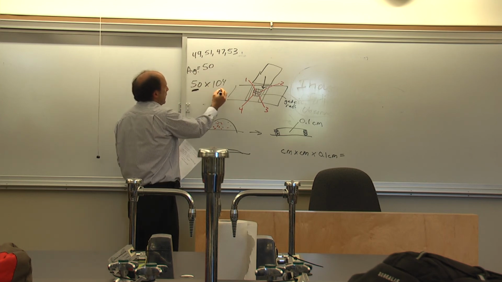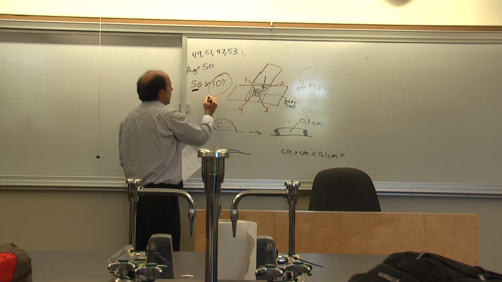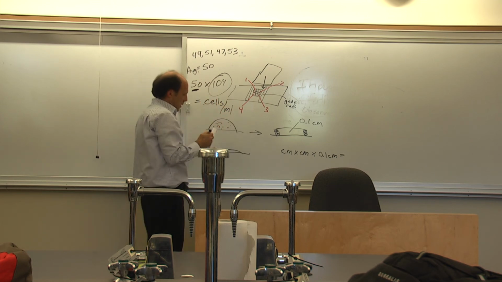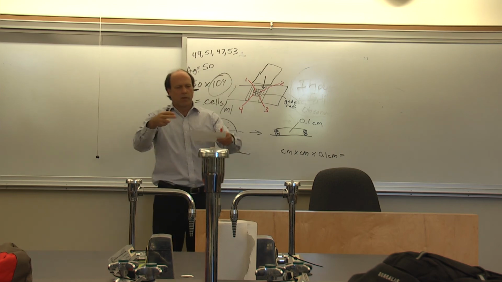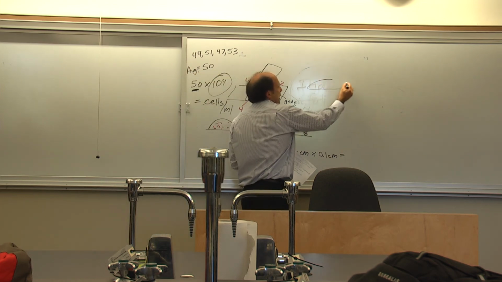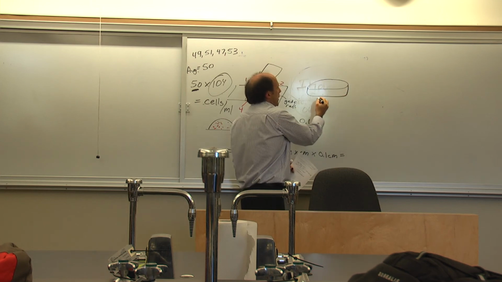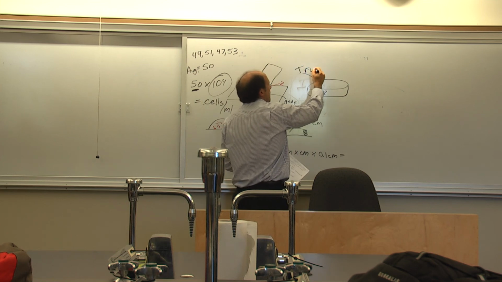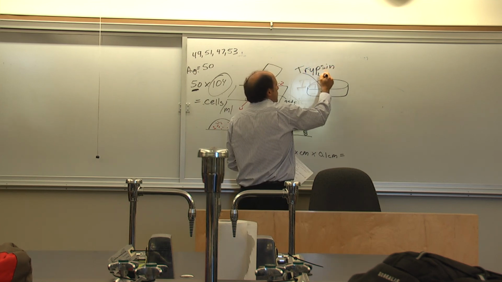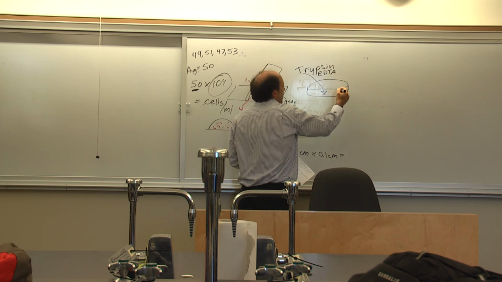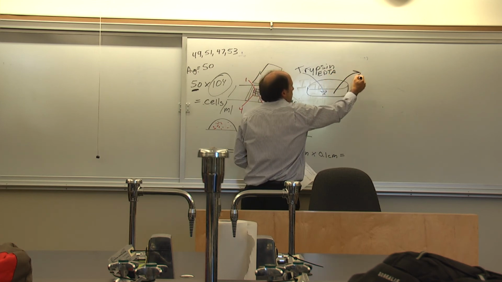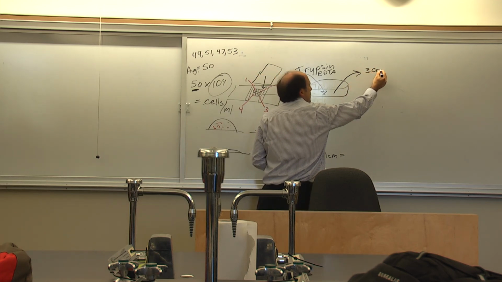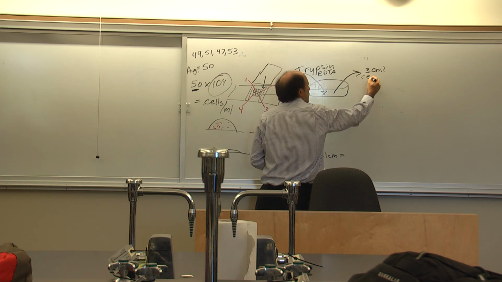So the number you get, and then this is the magic number, 10 to the 4th, is equal to cells per mil. And so the cells came from a dish, let's say. And so in order to get them out of there, you put in trypsin EDTA solution, and put them in the incubator, and then you remove that supernatant, and let's say that's 3 mils. 3 mils of cell suspension.